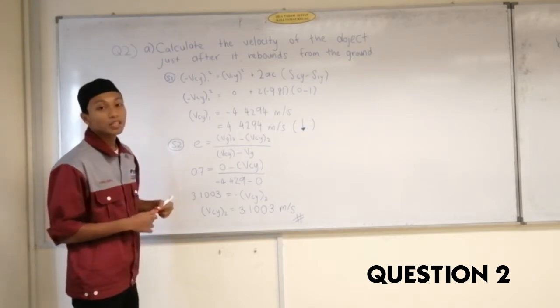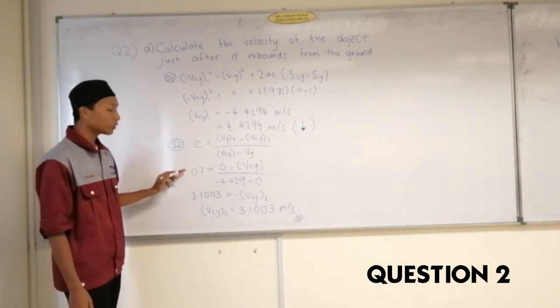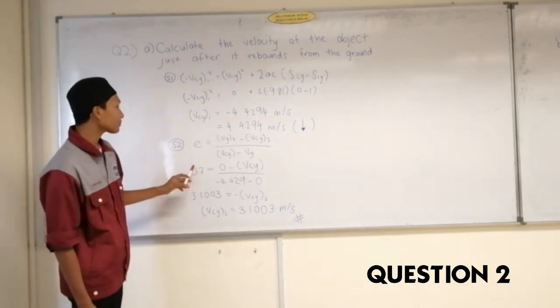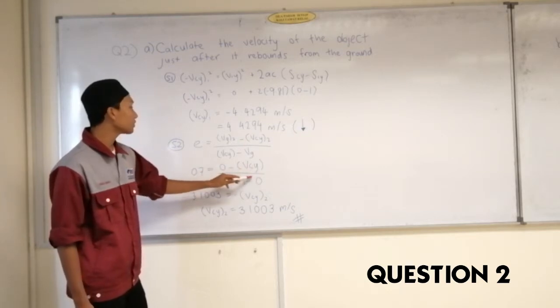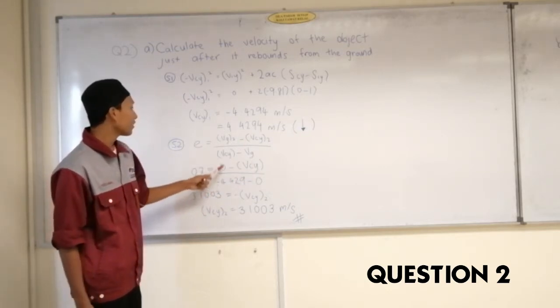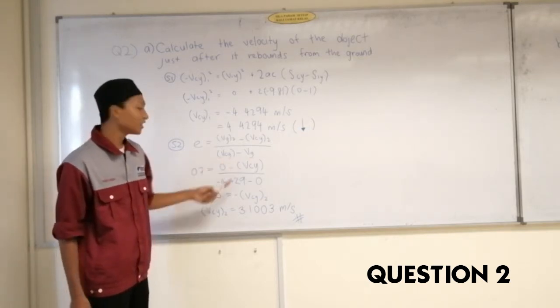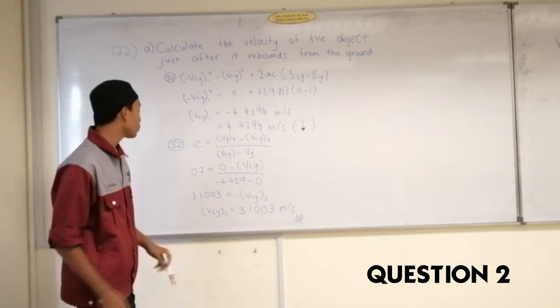Then we substitute the values. E is equal to 0.7, VG2 is 0, VCY2 is what we want to find, and for VCY minus VG, we substitute negative 4.429 minus 0.